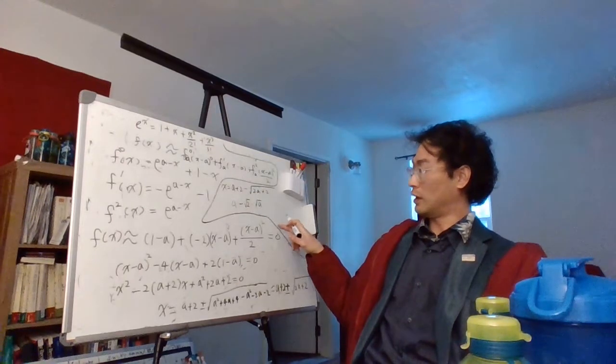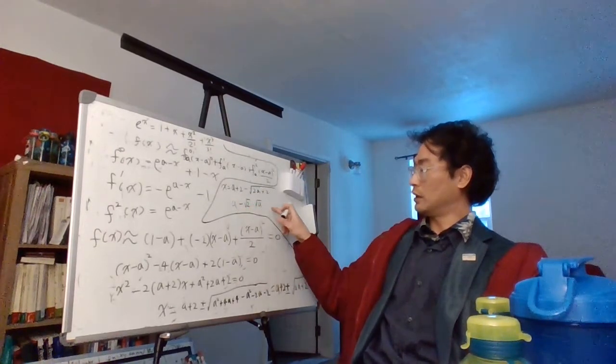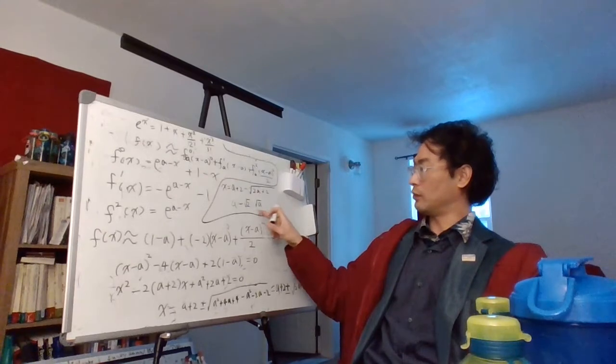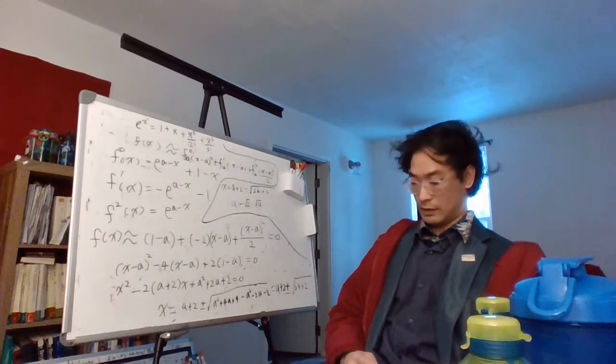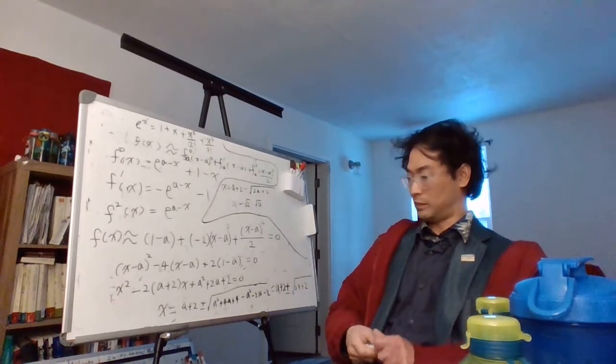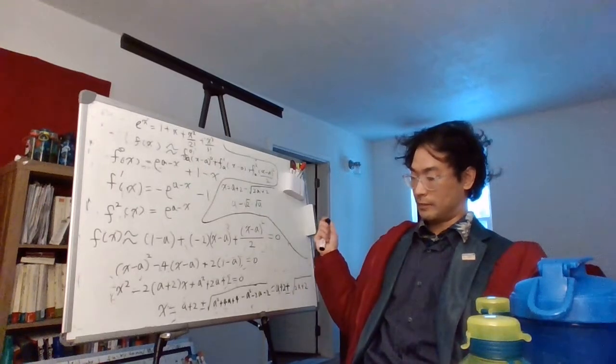So this will always be positive, because a grows faster than square root of a, I think.